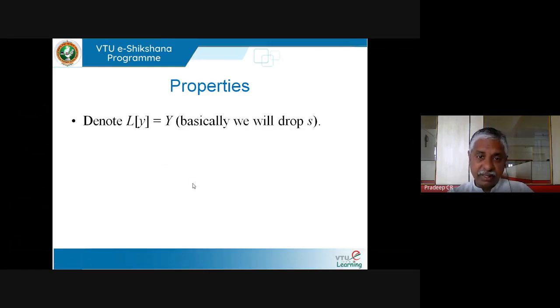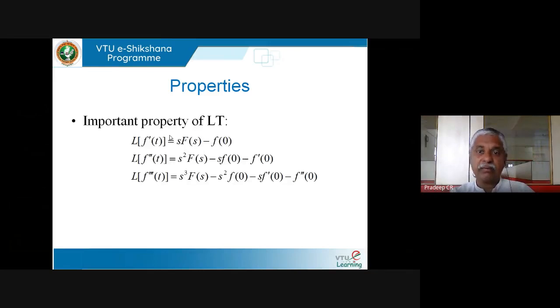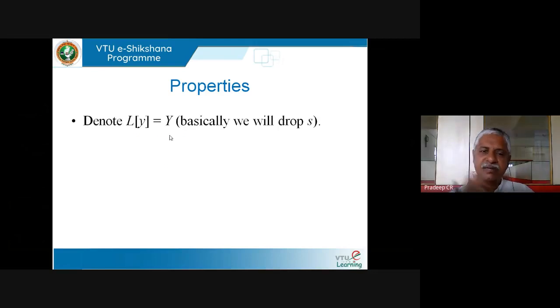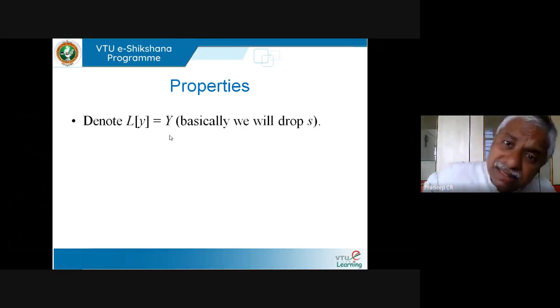And some notation. Till now I had not used y; I had been using f. L of small f is capital F of s. Now I will even drop that s. I will just say L of small f is capital F, L of small y is capital Y. Basically, we drop that s, and we understand that capital Y is a function of s.